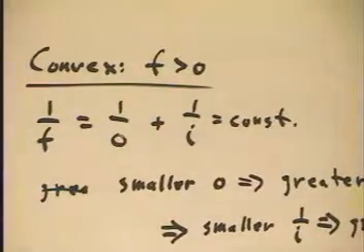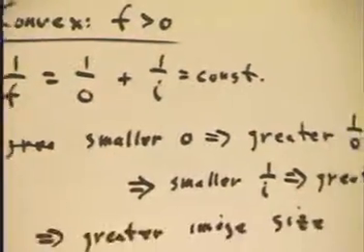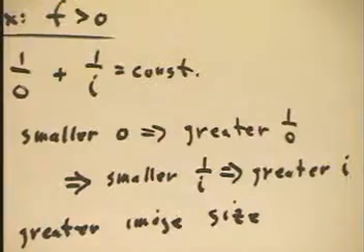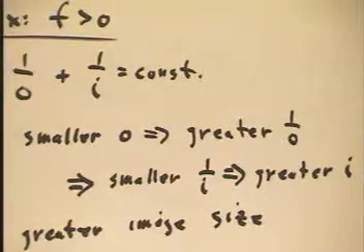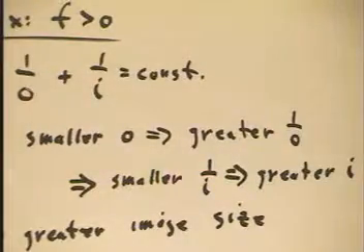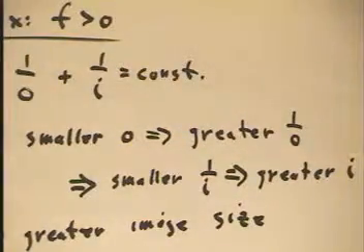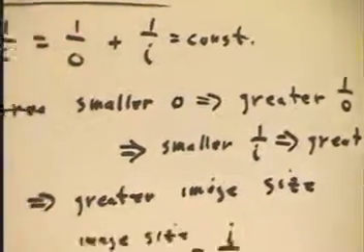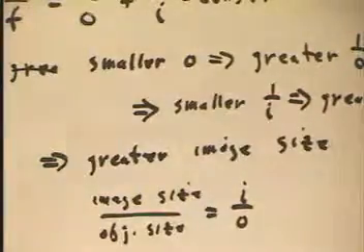So f is greater than 0, and as we saw just a minute ago, a smaller object distance implies a greater reciprocal object distance, which implies a smaller reciprocal image distance, which implies that I has to be greater. So a smaller object distance implies a greater image distance. And that implies, of course, a greater image size, because the image size is the image distance over the object distance.